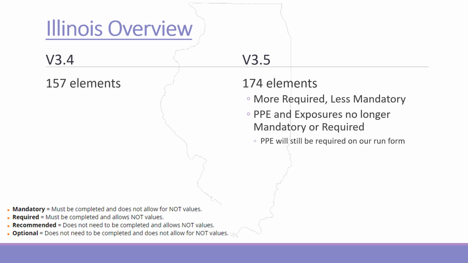Among the things that have changed are PPE and exposures. The PPE and exposure grid is no longer an Illinois requirement. However, for obvious reasons from a medical legal documentation standpoint, it will still be required on our run form. But overall, Illinois actually went up 10%, even while NEMSIS dropped a little bit.